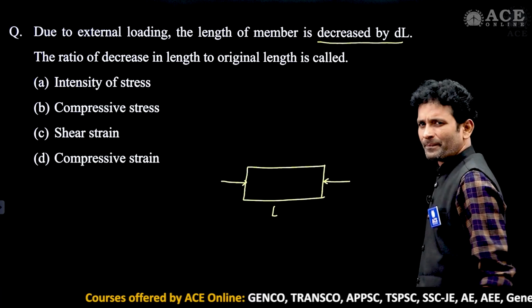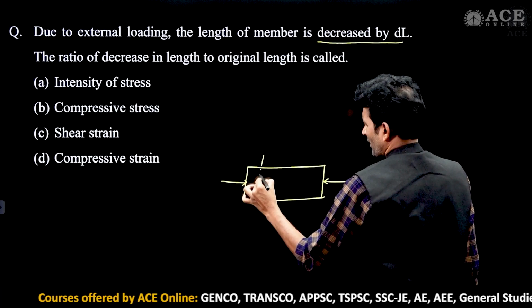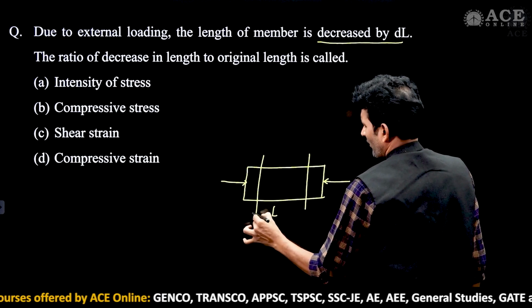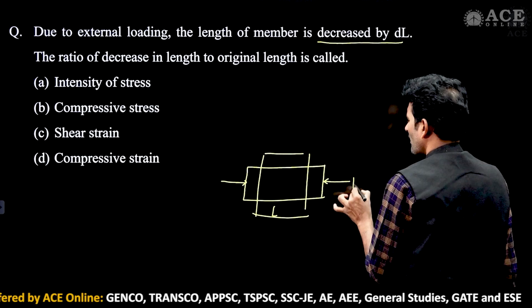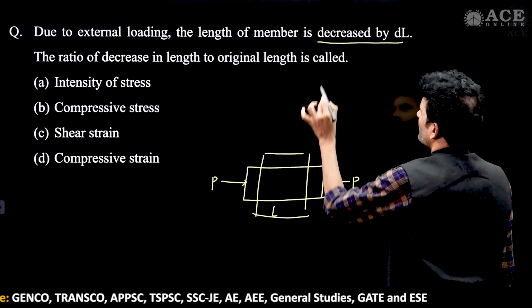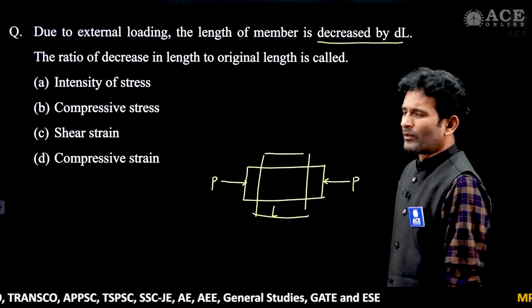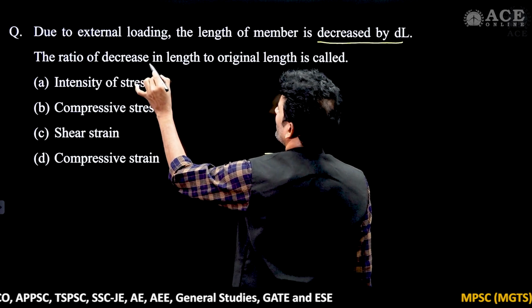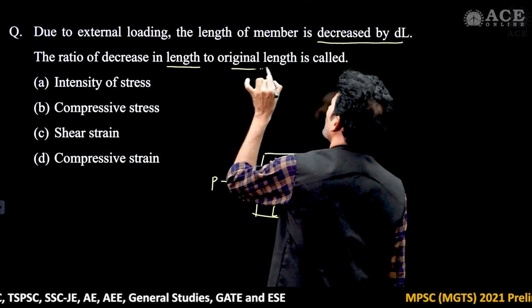A decrease in length. The load is causing the decrease, when I apply a pushing load. The change we observe is del L. What we require is the ratio of the decrease in length to the original length.